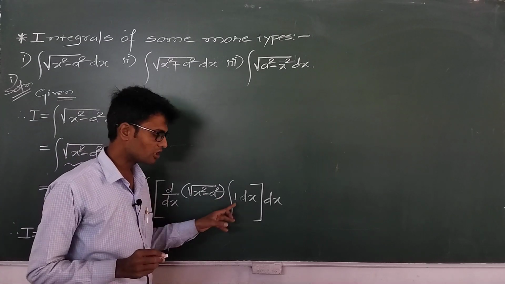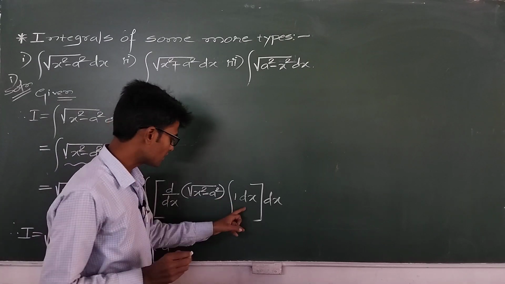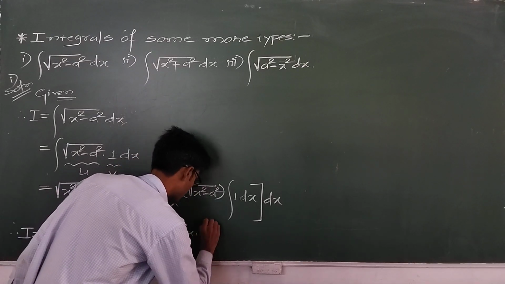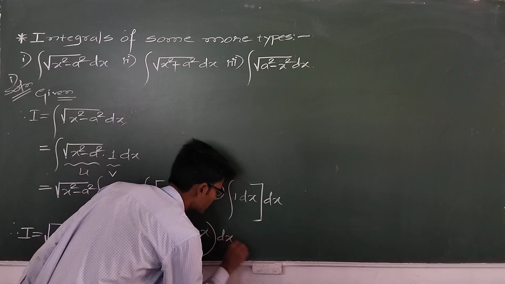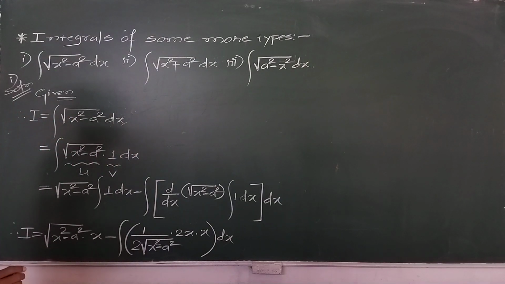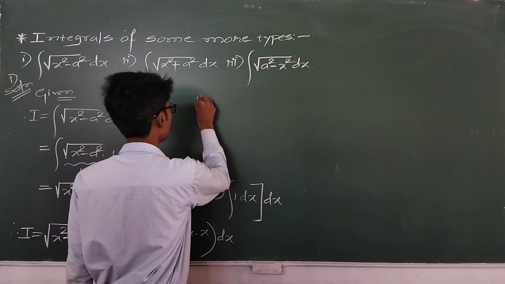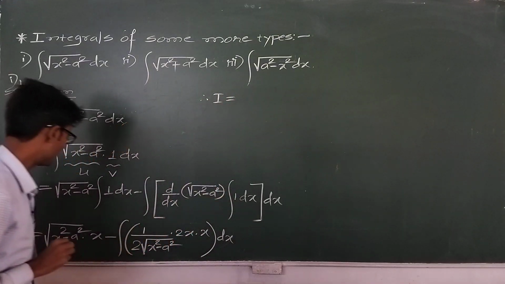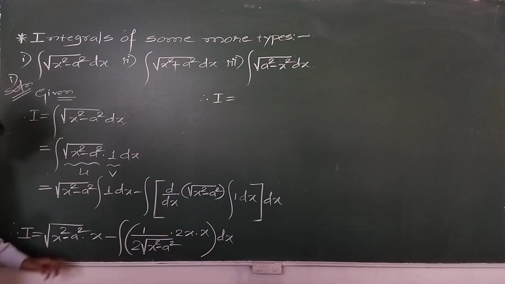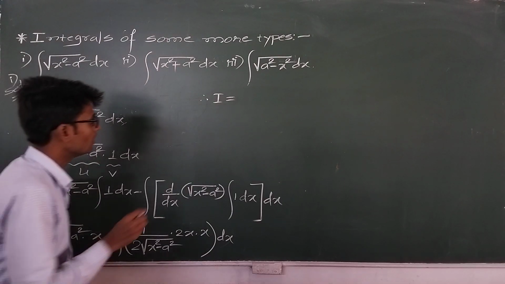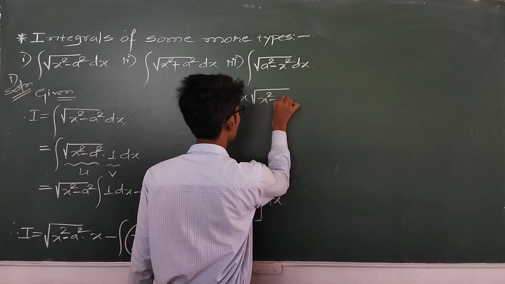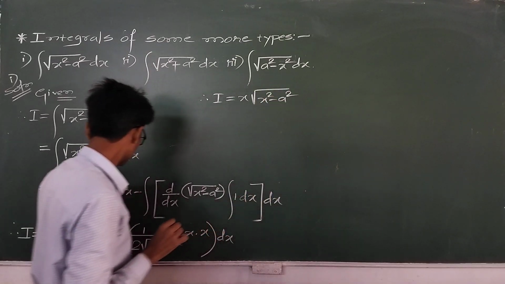Next, integration of 1 with respect to x. Integration of 1 with respect to x is, yes, x. Bracket complete and into dx you write. So therefore I'll write the value of I is equal to, yes, x into square root of x square minus a square. You multiply these two, so I'll write it as x into square root of x square minus a square.